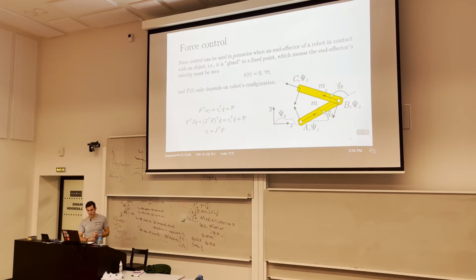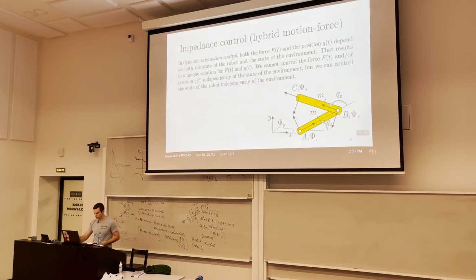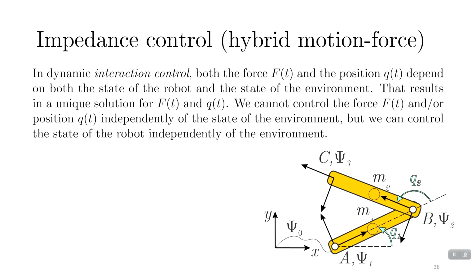And if we put here something specific, we can call it impedance control or hybrid motion control. So the idea of impedance control or hybrid motion control is just like we attach a virtual spring, in this case with this equation.